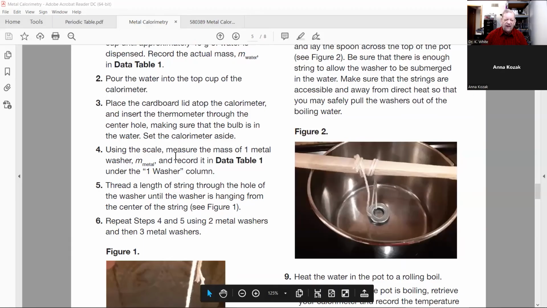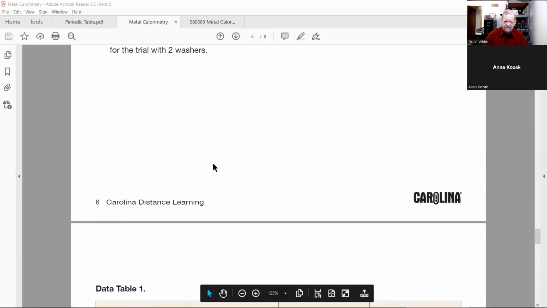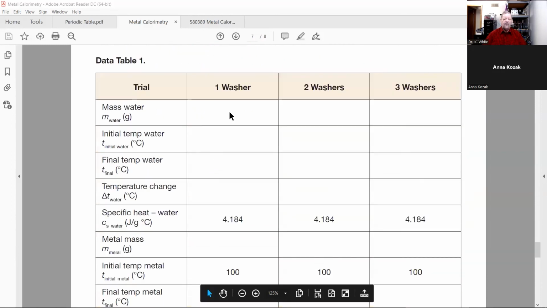Now, let's look at what we've done. We've done the procedure, and for each run, for 1 washer, you'll have the mass. I'd mass all 3 at once, then do a second one before you start anything. You'll have the initial temperature of the water before you add the rings, the final temperature, which is the maximum.